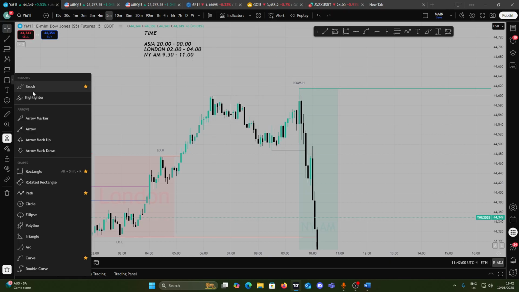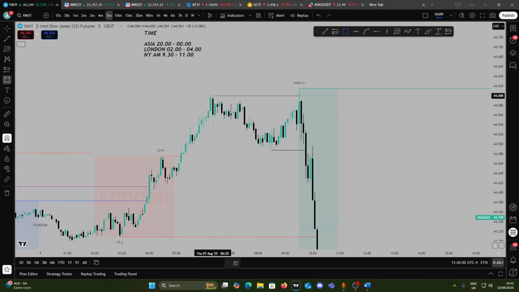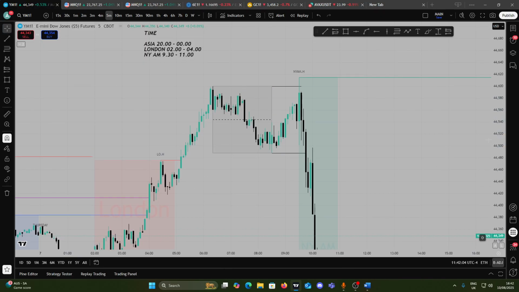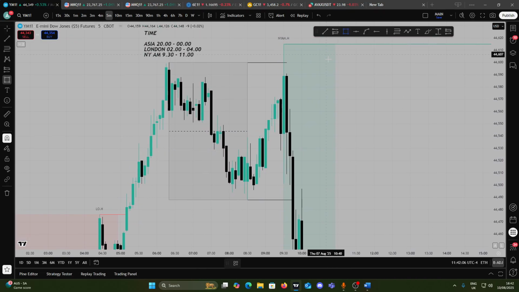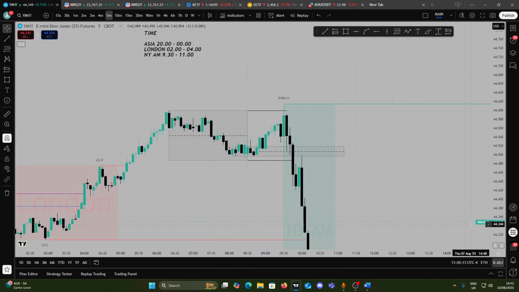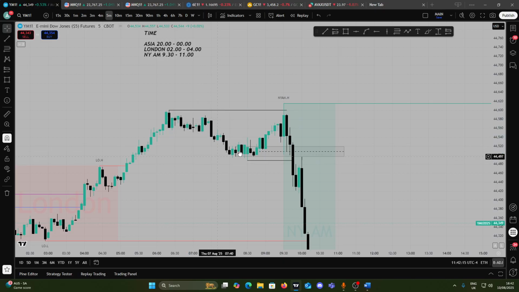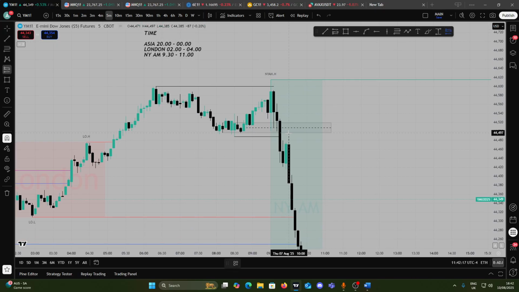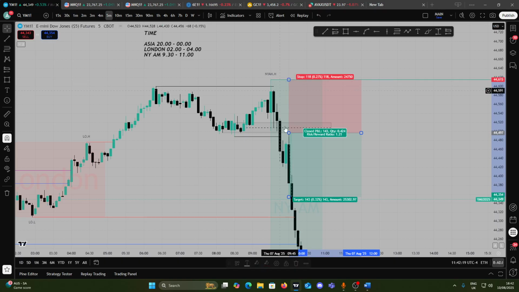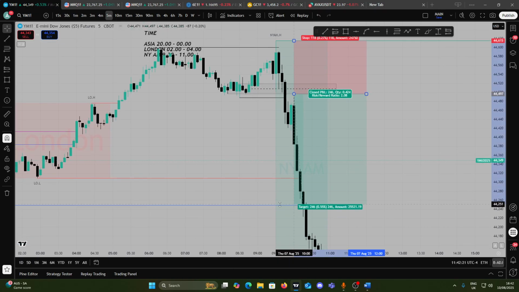So we have to look for the breaker in this leg. Now we have to look for the lowest downward candle. This candle has the lowest low, so this candle is a breaker. Extend that out in time, like that, and 2R.